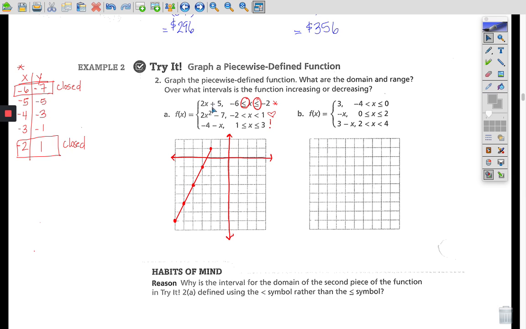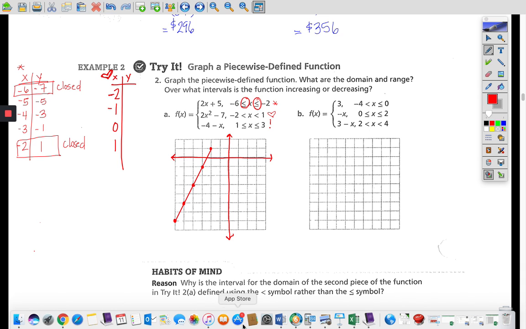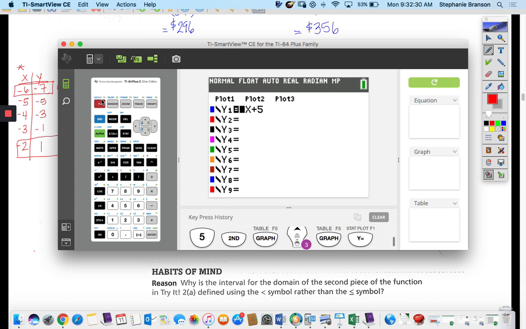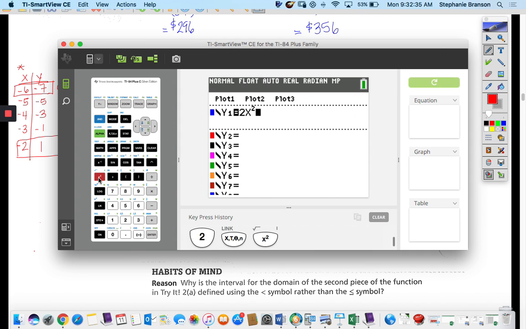Now we're going to focus on this second equation. But this time my x values only go from -2 to +1. So -2, -1, 0, and 1. And this is the heart equation. So I've got 2x squared minus 7.